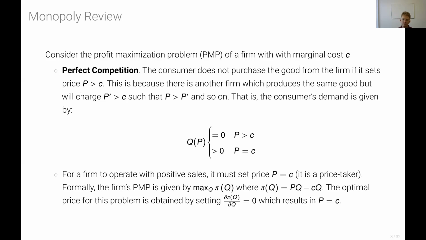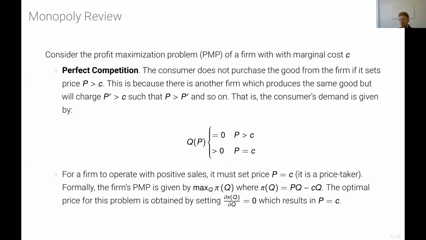Therefore, the consumer's demand is going to be 0 for that good if the price is anything greater than the marginal cost, and positive if the price is exactly equal to the marginal cost.